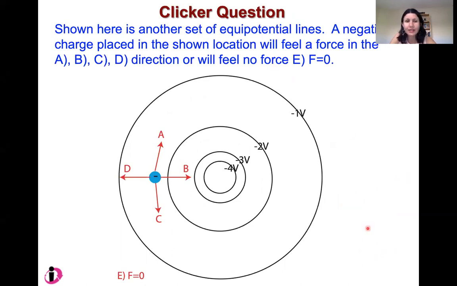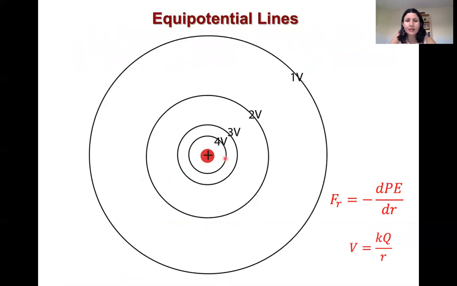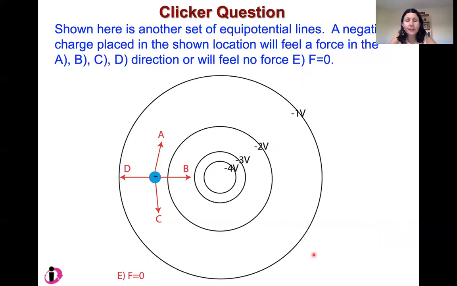So I'll just end here with you thinking about what happens when we introduce a test charge. Remember, all these equipotential lines tell you is that we have one charge and it generates this voltage everywhere in space. Now what happens when we bring another charge, which we call a test charge, into these equipotential lines?